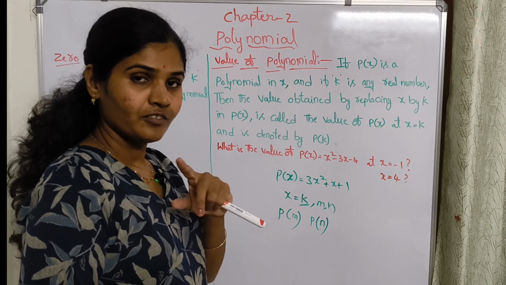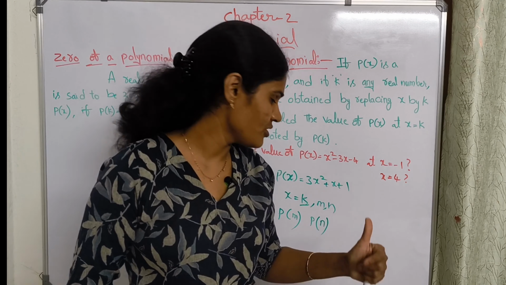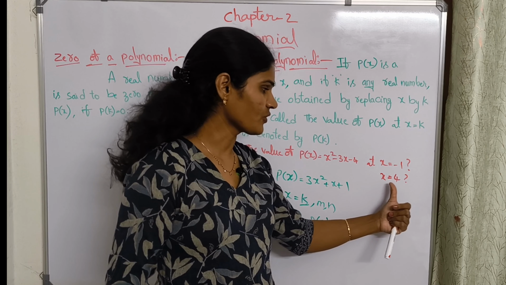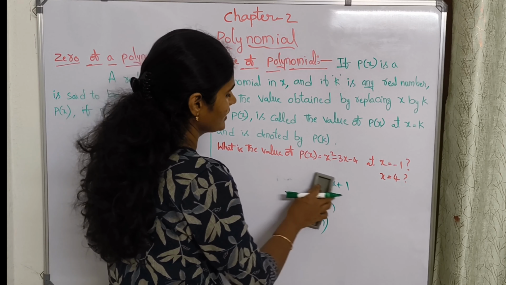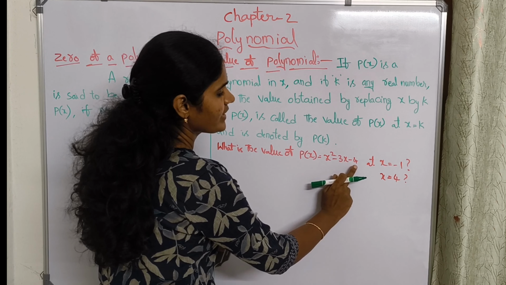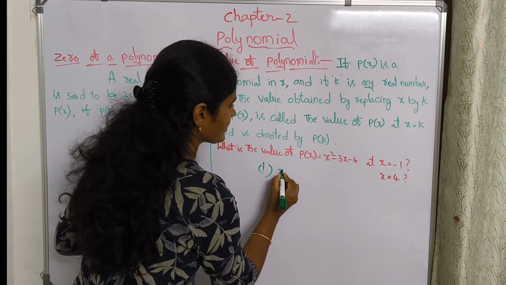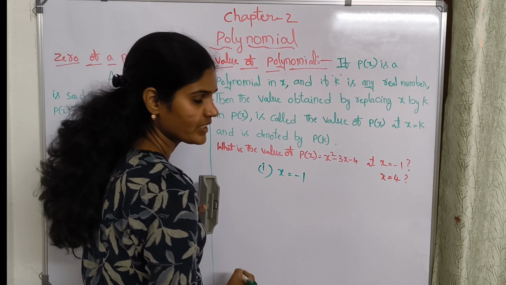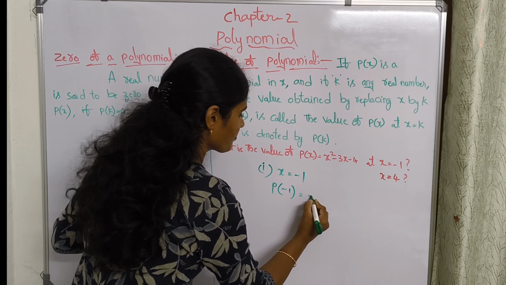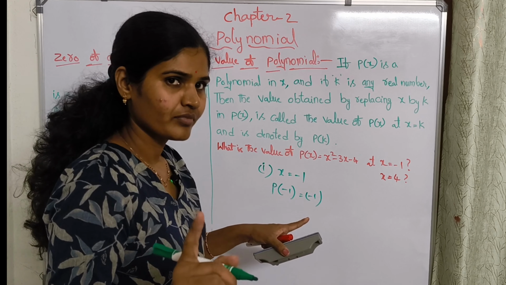Then further let's find out what is the value of this p of x at x equal to minus 1 and at x equal to 4. So here p of x is x square minus 3x minus 4. At one condition, x equal to minus 1. X equal to minus 1 means p of minus 1 equals, in place of x you substitute minus 1.